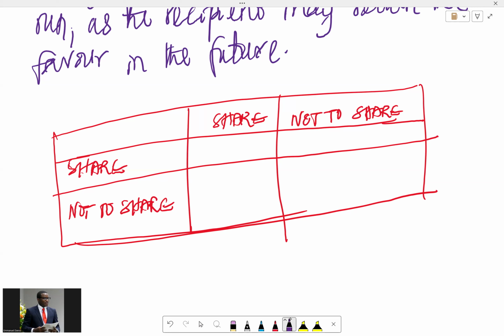And of course, the payoffs are the usual. If they both cooperate, they get 3-3 each. If one shares and the other does not share, you have 0-5. And then this is 5-0. And this is 1-1. So it's always excellent for both players to share. That's the kind of thing here.